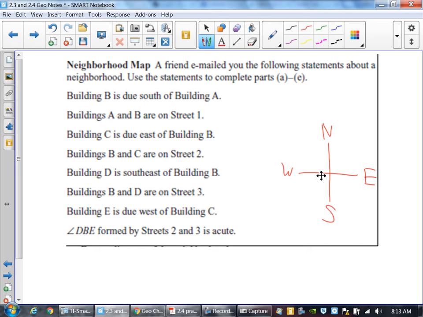Usually, when they say southeast, you want to just think of it as about 45 degrees, about halfway between the two. So I'll put building D. And these two are on street 3.